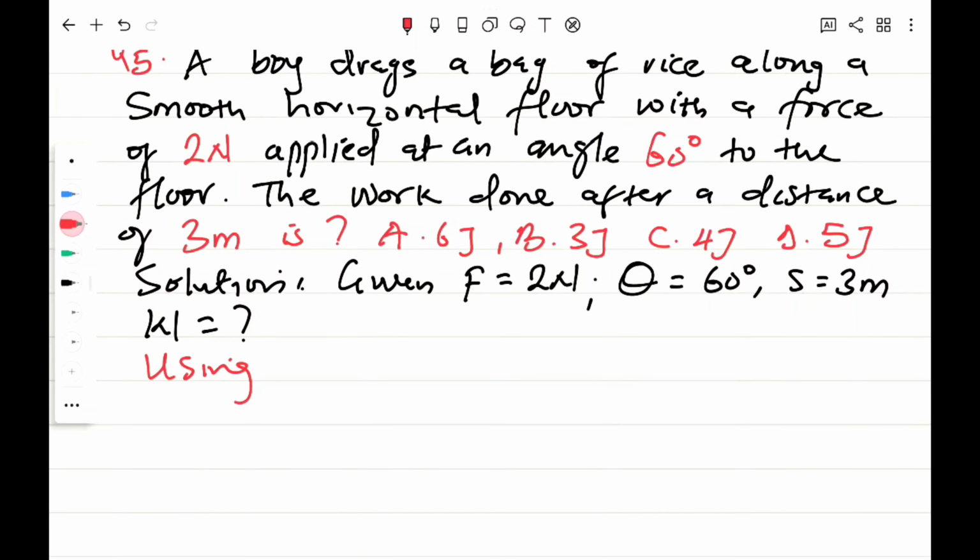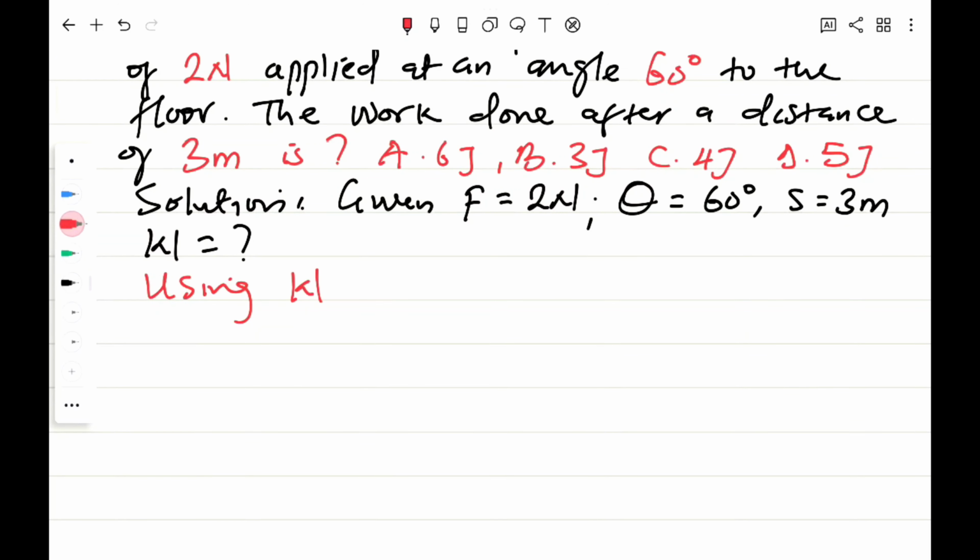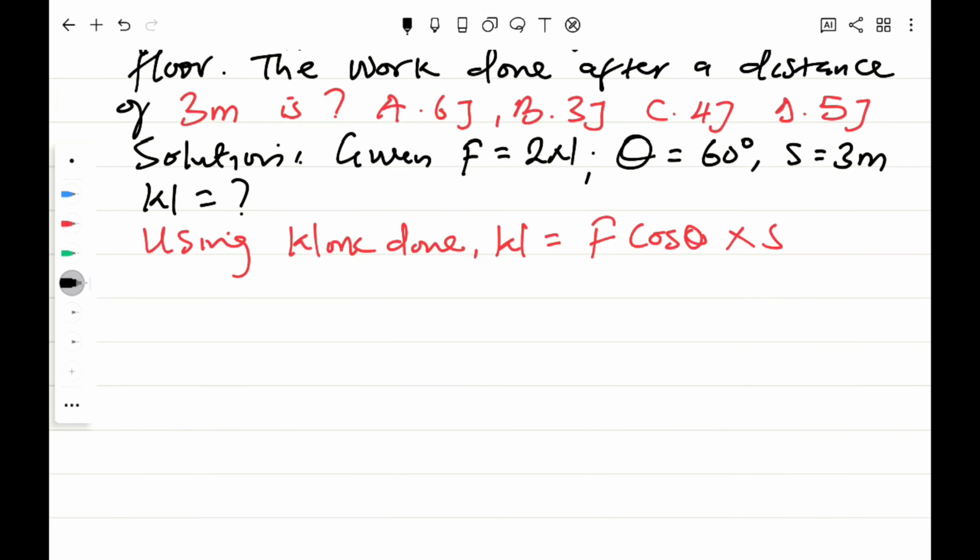So using work done, W is equal to force multiplied by distance. But our component of force has an angle, so F cos theta multiplied by the distance.